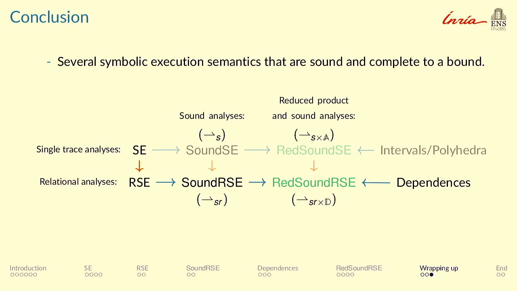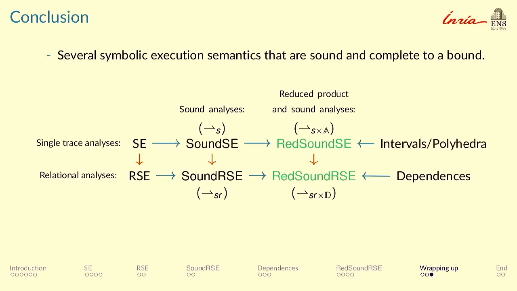Then, as I said before, we build up all the way to RedSoundRSE, which is our contribution. I skipped it, sadly, but the idea is similar to dependencies, except that instead of a relational symbolic execution, we have a non-relational symbolic execution, and we can use intervals and polyhedra to have a better approximation of the values.